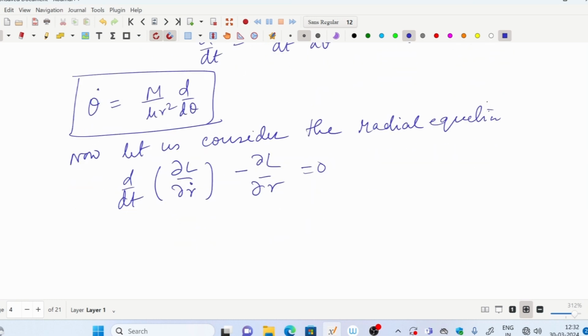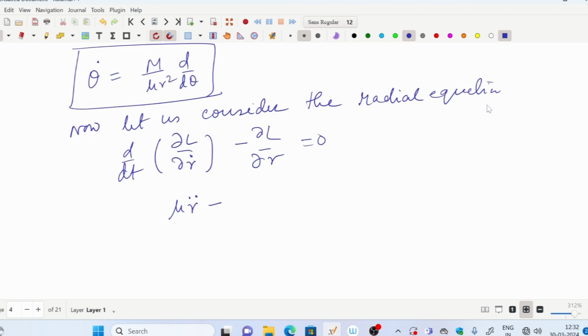Differentiating with respect to r dot gives mu r double dot, and differentiating with respect to r gives mu r theta dot square, since the half cancels the 2 from r square. Then you have the potential, so minus the potential gives plus del U del r equal to 0. This is the radial equation.